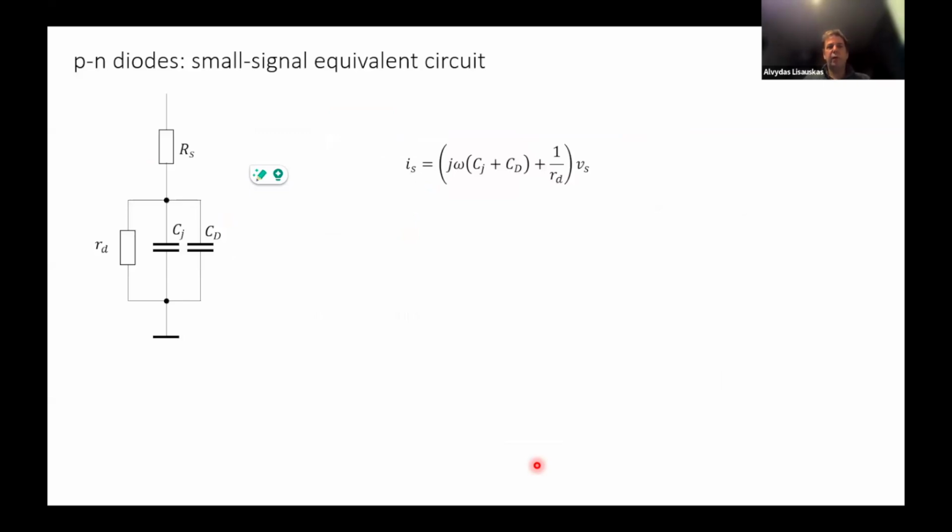If we start with a PN diode, with the same Schottky equation, we have differential resistance, which we discussed before. Well, we have an additional contact resistance here, and we have junction capacitance. So at high enough frequency, the current would not flow directly through our differential resistance, but will be shunted by the capacitance of the junction.